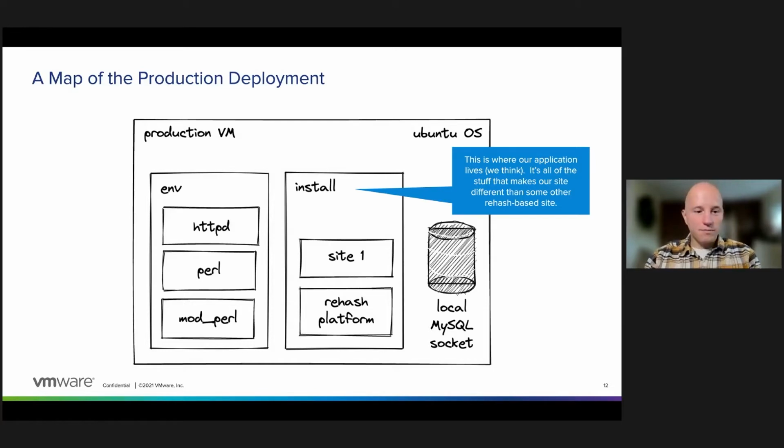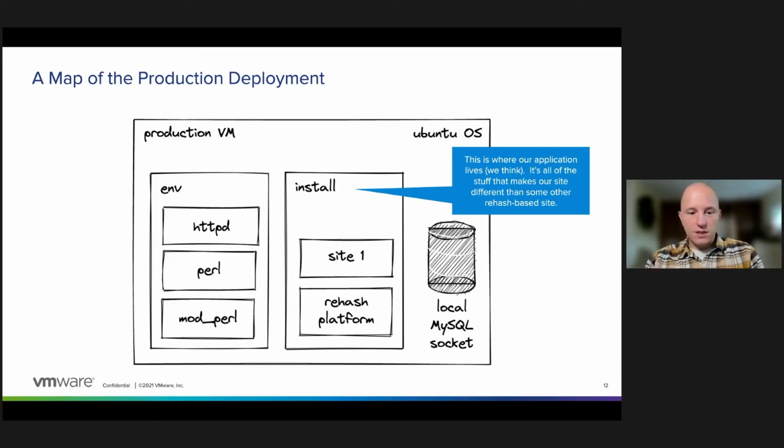So here we go. The first thing we want to do is take a look at the environment the application lives in today. If we take a look at this production VM, like you mentioned, Brandon, we've got this one VM running Ubuntu, and the application itself is split into two slices. We have the environment on one hand that holds things like Apache's web server and the mod_perl that's all wired together to run this thing.